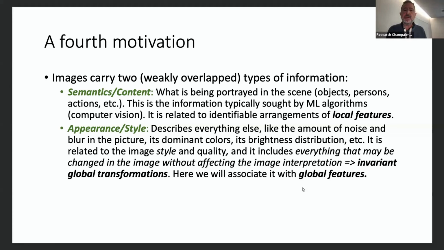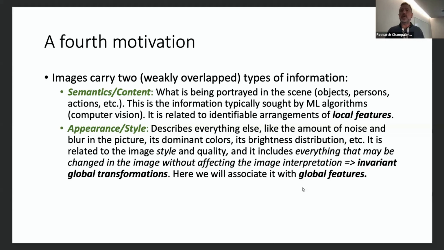These pieces of information are not completely separated, they do intersect. For instance, when we look at the sunset, the dominant light may be red, and this is giving us information about the semantics, right? But typically we can change a lot of things in the images without affecting the interpretation of what's going on in the image, right? We can change high frequencies.